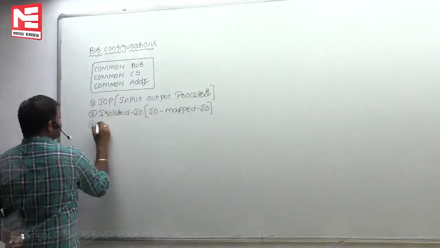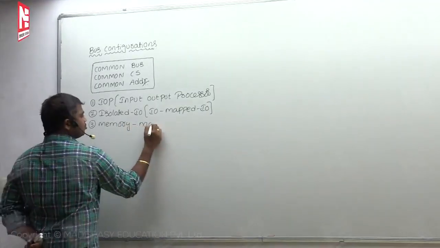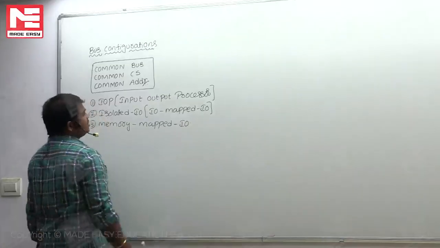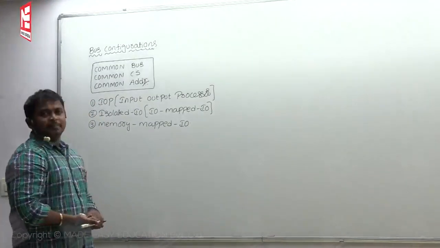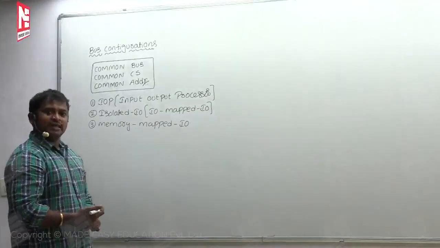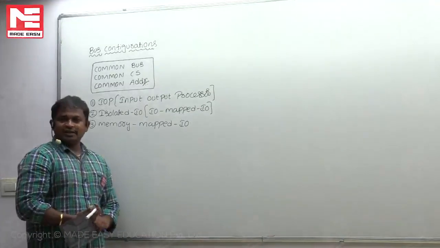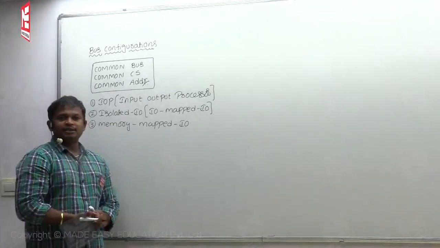Third one, memory mapped IO. So three types of bus configurations are present, so that the designer can use any one of the configurations to design the system. Now we are going to see the three configurations.